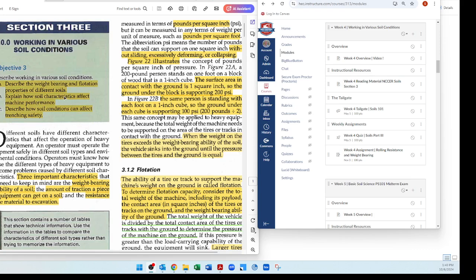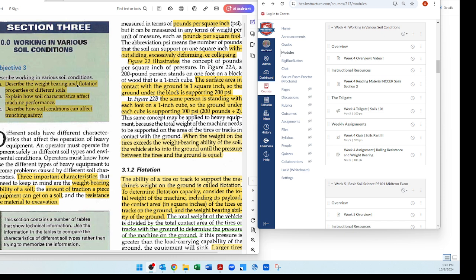Explain how soil characteristics affect machine performance and describe how soil conditions can affect trench safety. So I bet we could talk a little bit about those three things right now without having to read anything out of here. But let's see what they're going to do to meet these objectives.